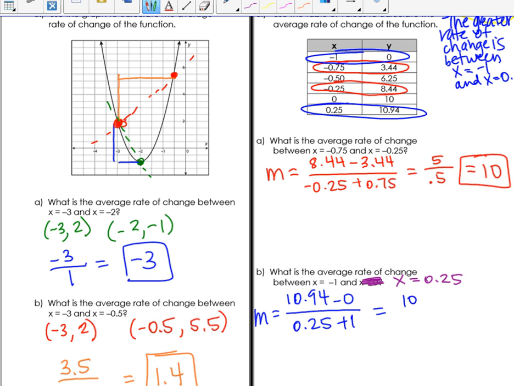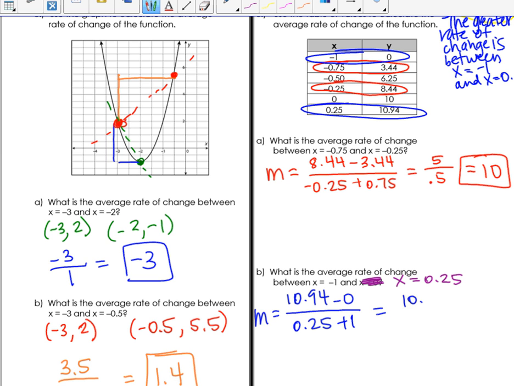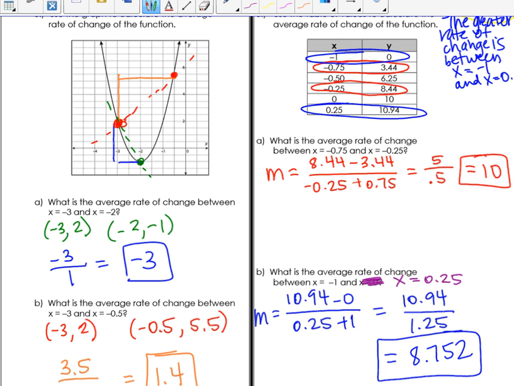So you end up with 10.94 all over 1.25. So your slope ends up being 8.752 when you calculate that. So you could look at that again. Your greater rate of change, if we were to ask you to analyze that, would be between -0.75 and -0.25 rather than -1 and 0.25.